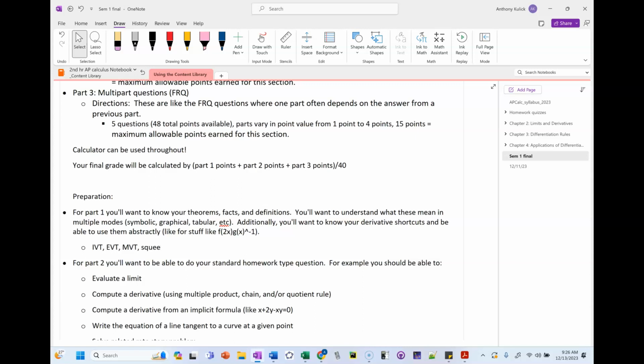We have the squeeze theorem. Then I think that's kind of like our big sets of theorems, right? We had some little stuff like first and second derivative tests, and then the absolute min-max test.